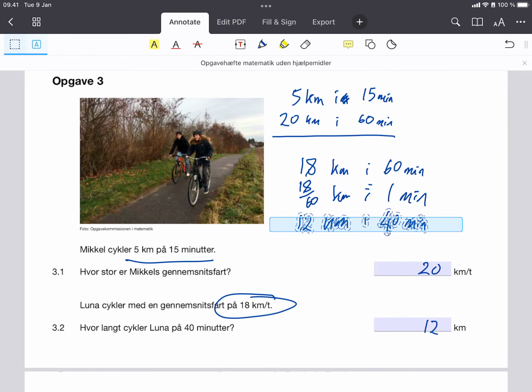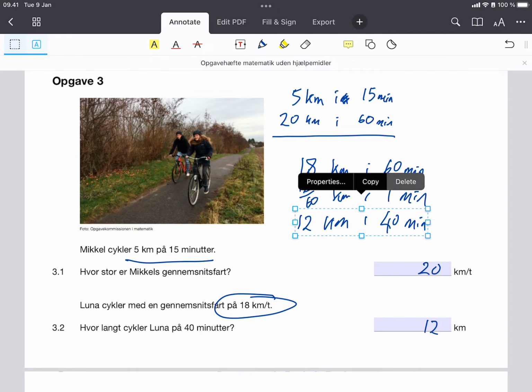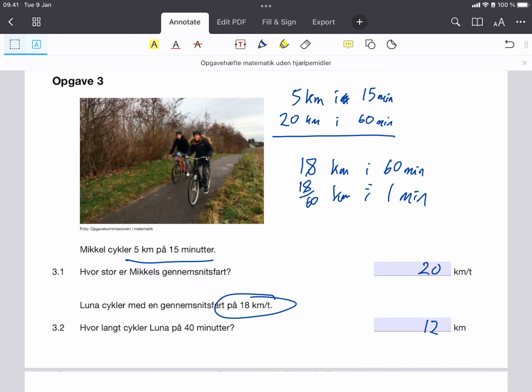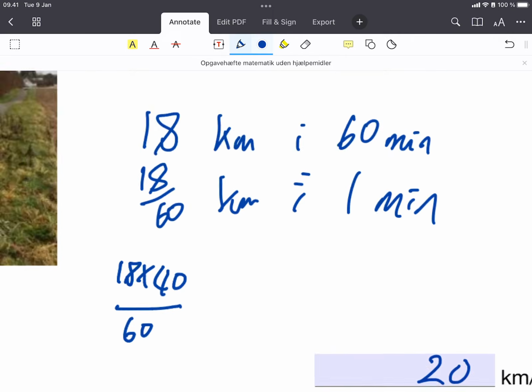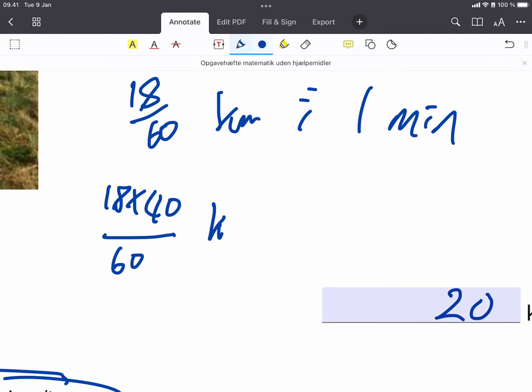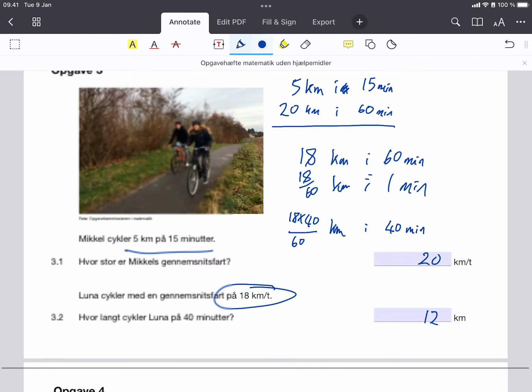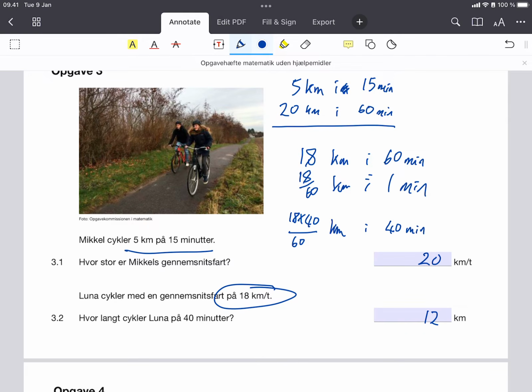And if she can do 18/60ths of a kilometer in 1 minute, then she can do 18 times 40/60ths of a kilometer in 40 minutes, 40 times as much, and that works out to be 12. But it's just perhaps a little more intuitive to spot that 40 minutes is 2/3 of 60 minutes, so she can do 2/3 as much.